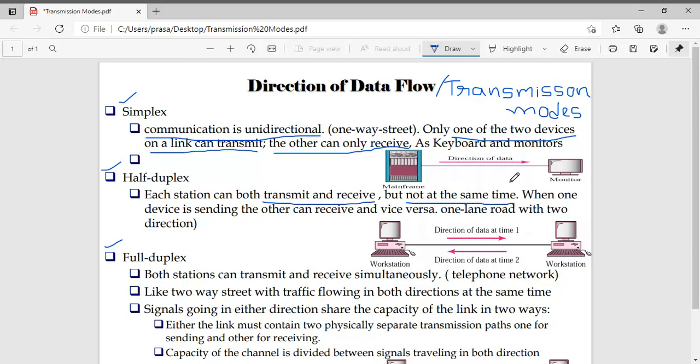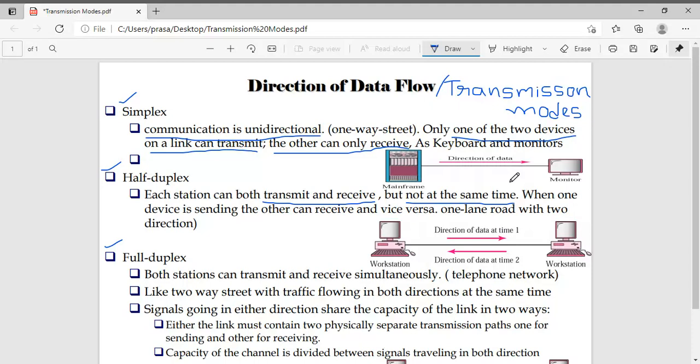That means if any device is accepted as a sender right now, it will be a sender till the data transmission is completed. Once the data transmission is completed, it can be converted into a receiver. Okay, very simple to understand. The data transmission can be done on both sides, but only one at a time.